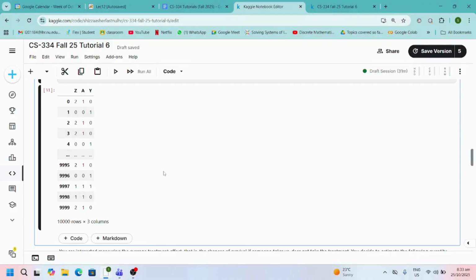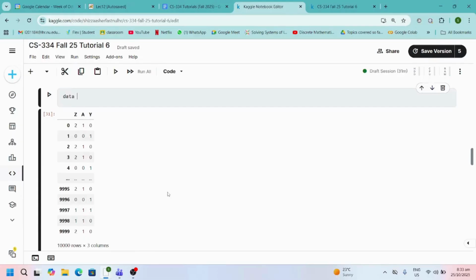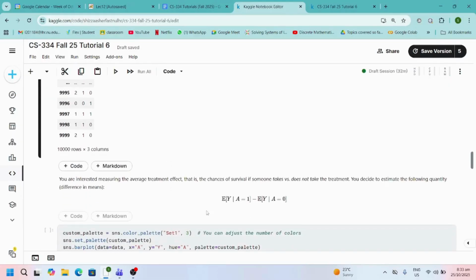What I can do is कि मैं find कर सकती हूँ the difference in means, which we just looked at right now as well. So this is the difference in mean. You have the expected value for the treatment, for the recovery for Y, given that the treatment was administered, minus Y, given that the treatment was not administered.